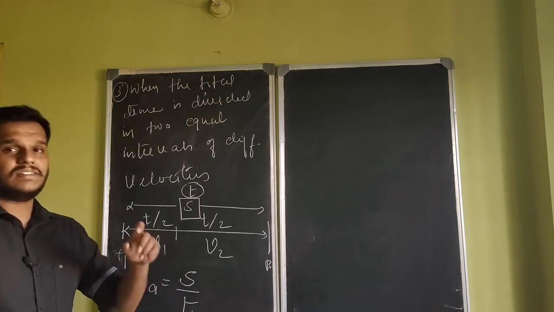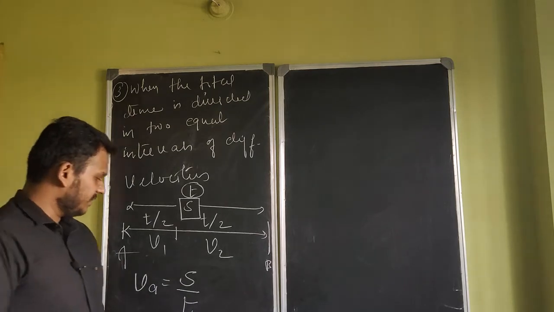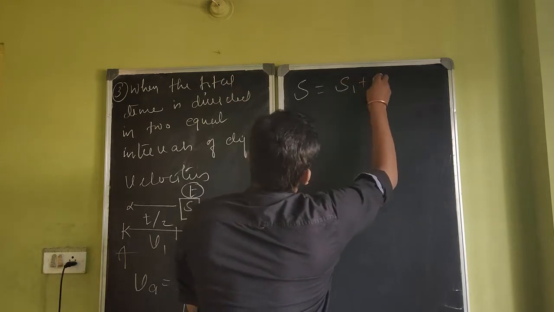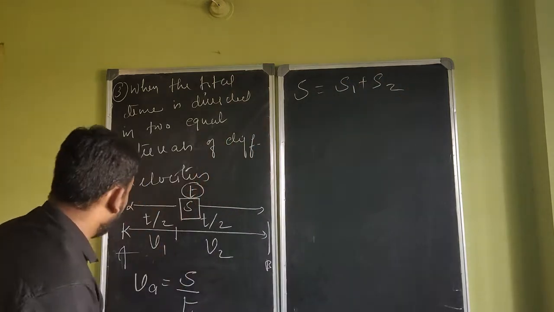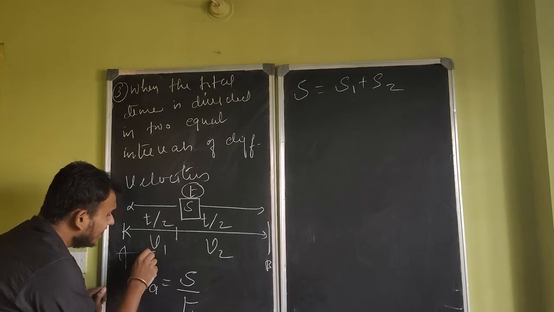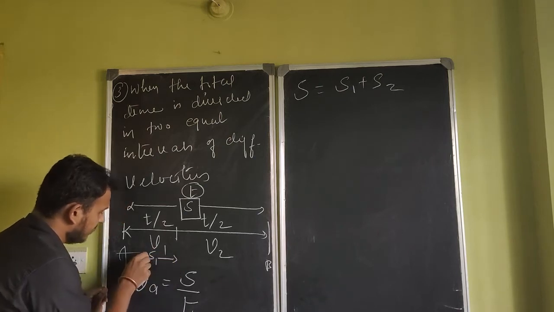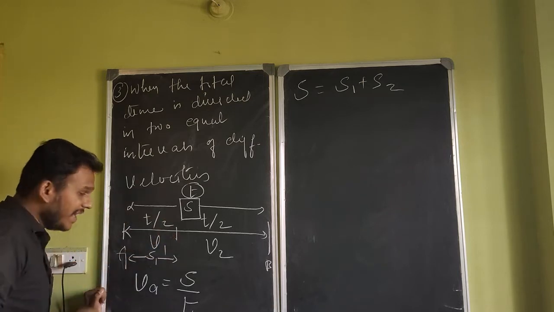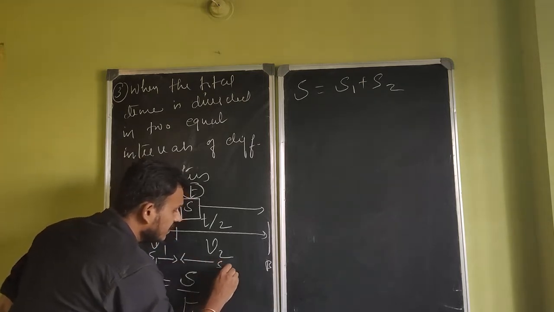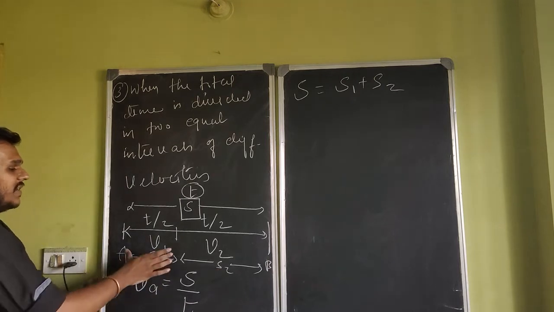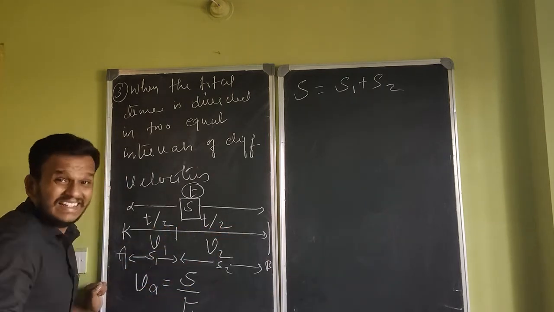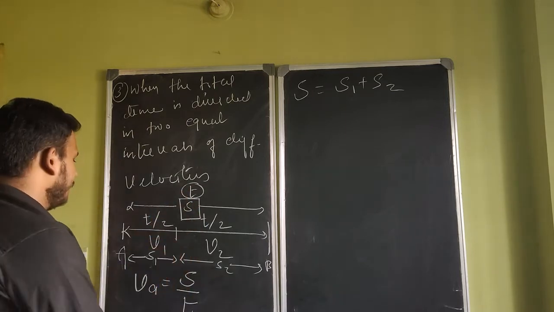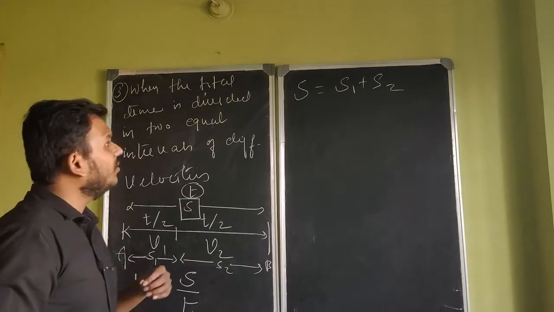I need to work on S. Can I write S as S1 plus S2, where S1 is this distance during the first half of the time, and S2 is the distance during the second half of the time? Clearly, therefore, I can write S1 plus S2 as S.